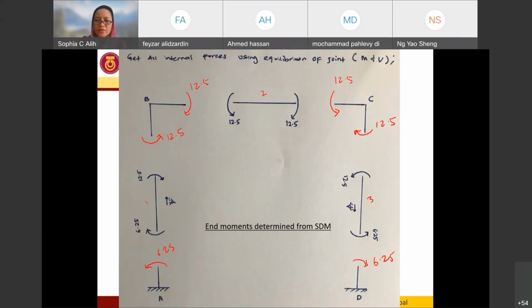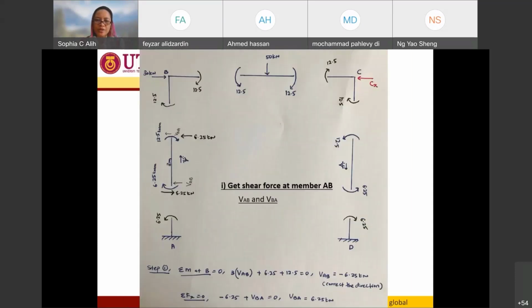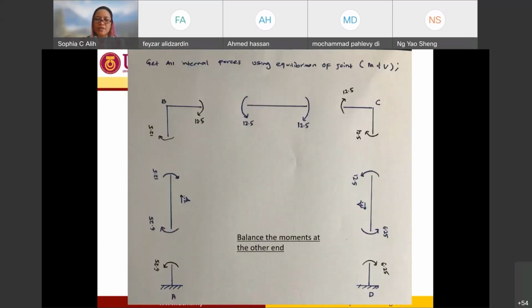Now since there is no other moment acting over here, and since this is 6.25, I can always know the other direction of my moment, so I can easily determine what is moment A and moment D. Okay, so this is all the balancing of moment that we have already done at the other end.